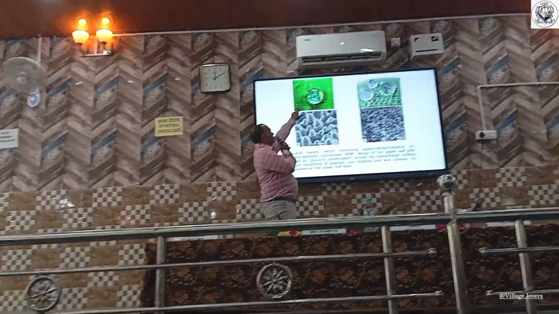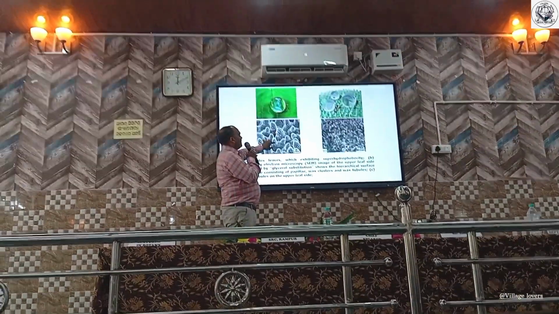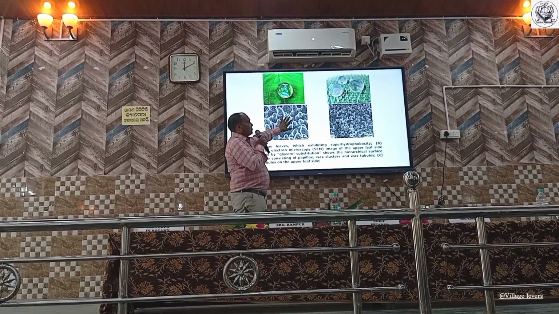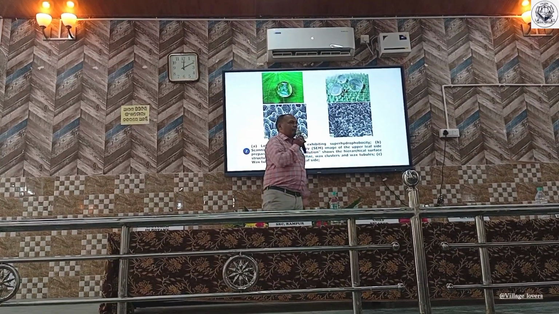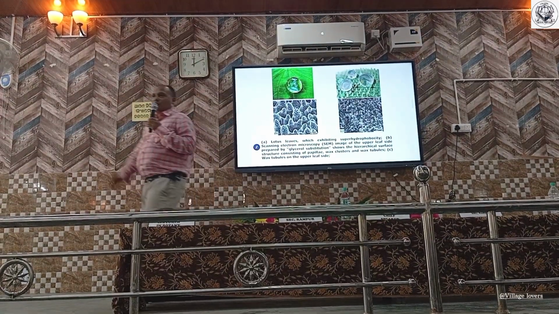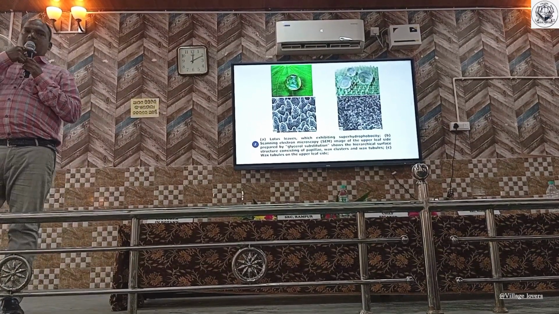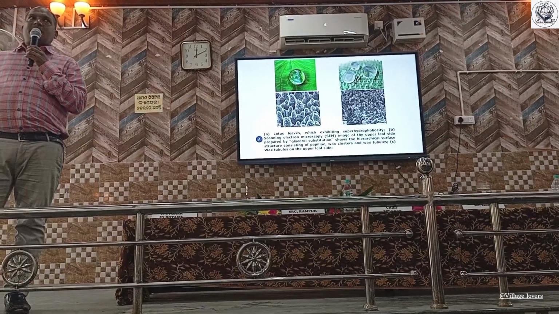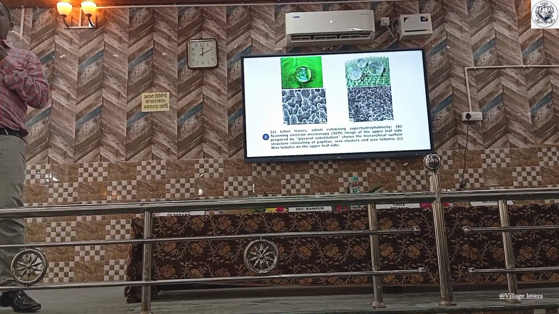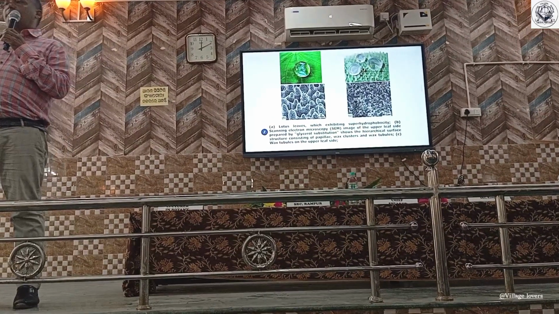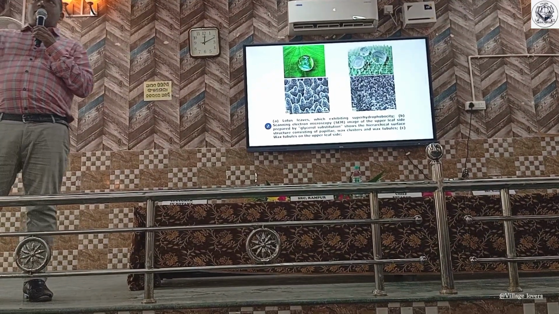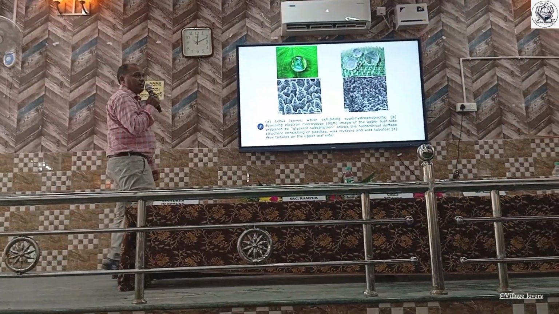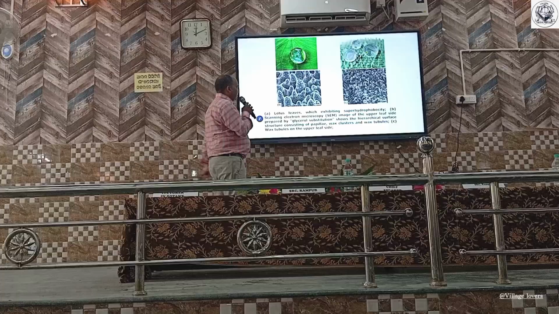When this surface was kept under the microscope, it was found that it has this type of tubules, and these are super hydrophobic, which means they do not allow water to touch, and this type of thing is also present in the body of birds. Water cannot penetrate into their body, so they remain healthy in the rainy season also.